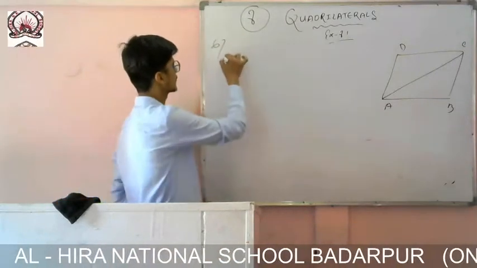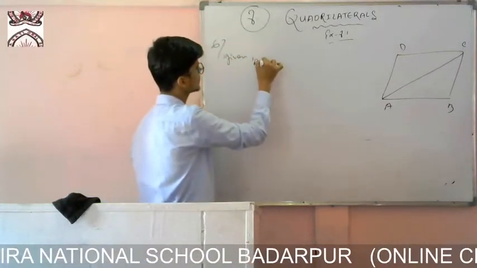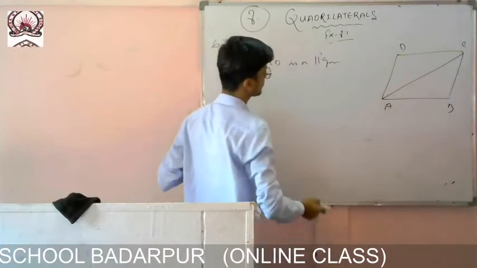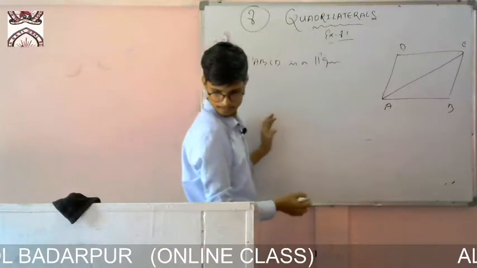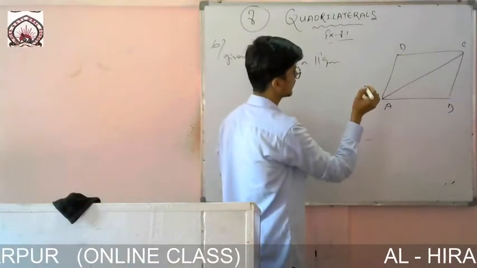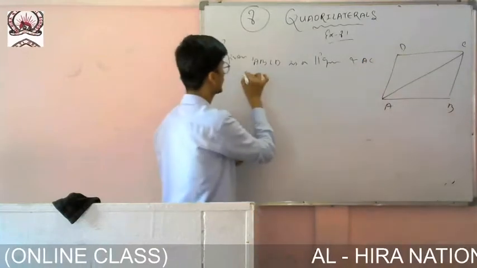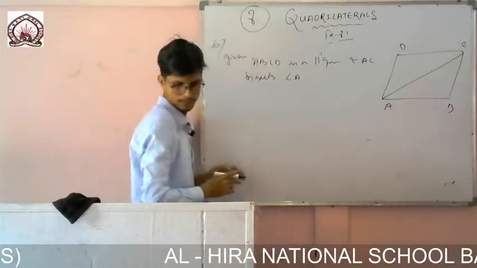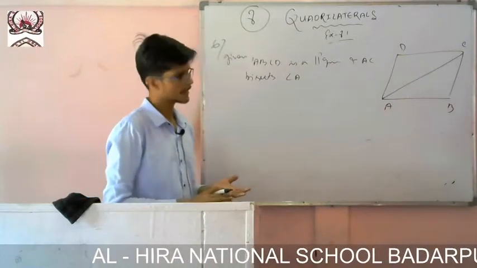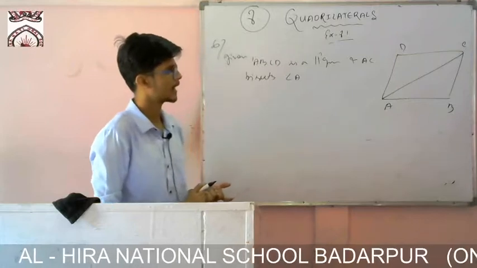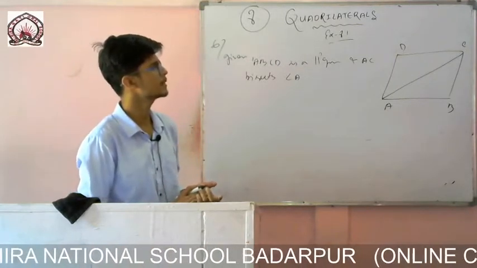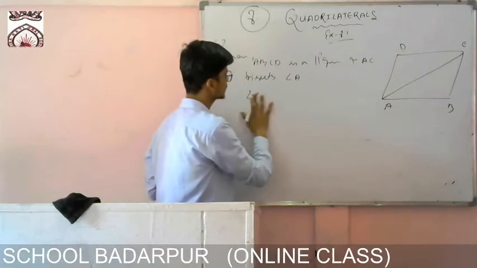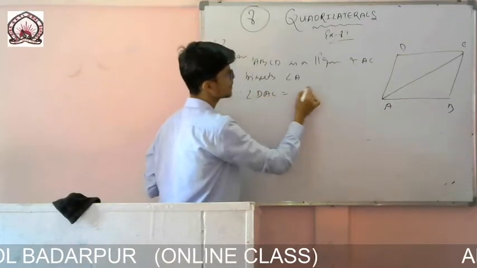So you write, given ABCD is a parallelogram and AC bisects angle A. If angle A is bisected, then I can write that angle BAC will be equal to angle DAC.